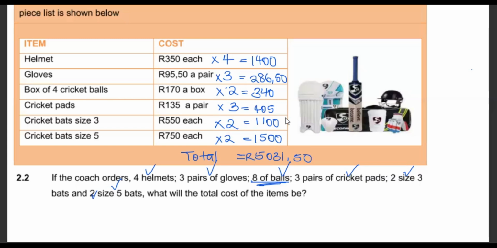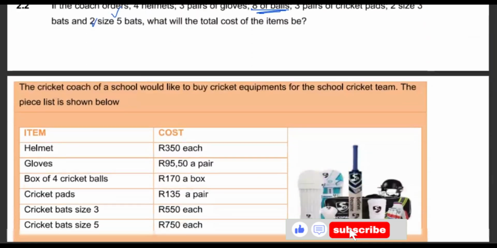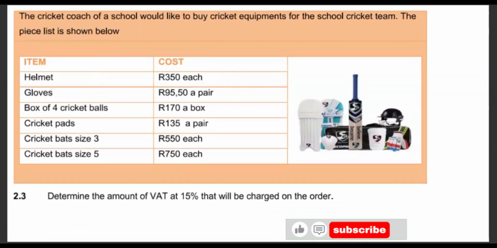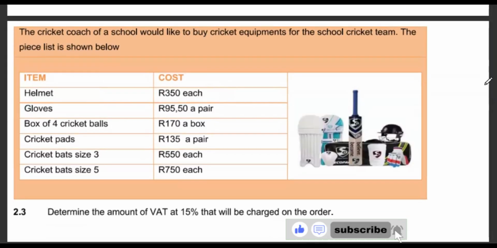That's the answer that we should have. All right, we go to the next question, which seems to be, determine the VAT at 15% that will be charged on the order. Remember, now we've got our answer as 5,031 rands, 50 cents. How much VAT will it be? So we shall multiply this because we're looking for the amount of VAT.